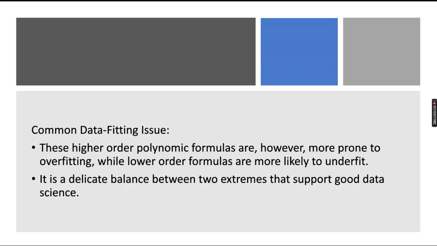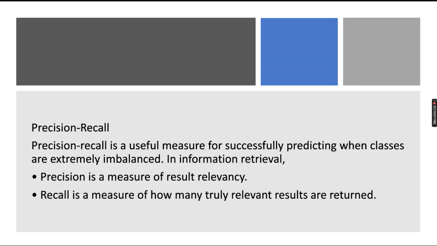Common data fitting issues: higher order polynomial formulas are more prone to overfitting, while lower order formulas are more likely to underfit. So there is a delicate balance between two extremes, and a data scientist should be able to create the perfect balance.